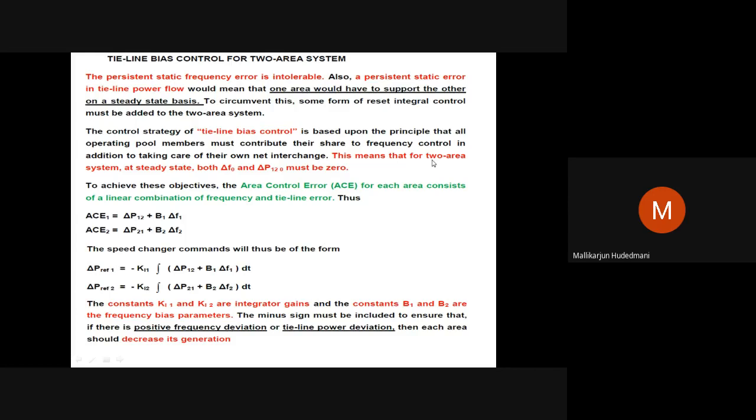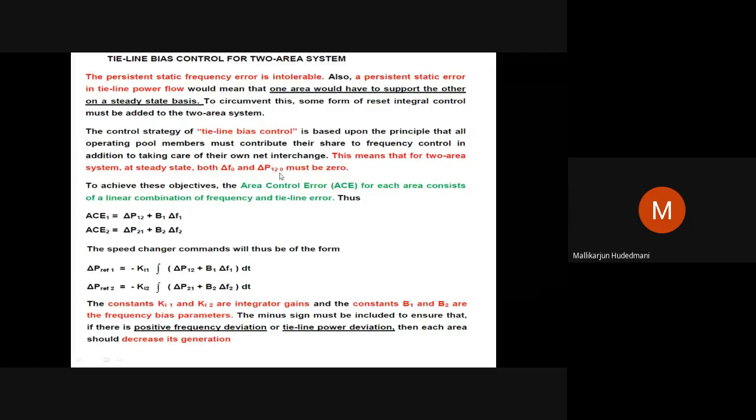This means that for a 2 area system, at steady state, both delta F0 and delta P120 must be error-free, 0. It means deviation should not be there. Then only steady state is obtained. To achieve these objectives, the frequency deviation must go to 0 and the tie-line mismatch power must be addressed.